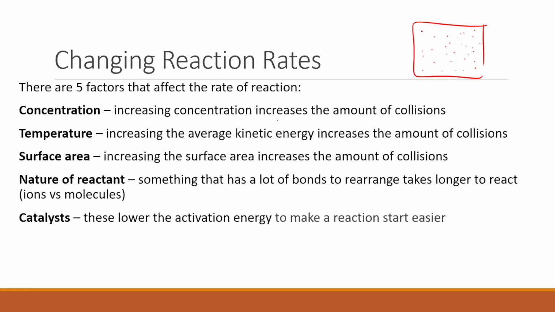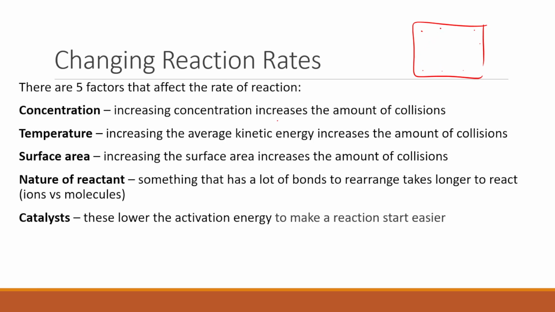The faster the particles are moving, the more likely they are to collide with each other, even if there's only a few of them. Let's go back. Let's erase some of these. Now we've got only a couple of particles. If it's moving nice and slow, the odds of it hitting something are pretty low.